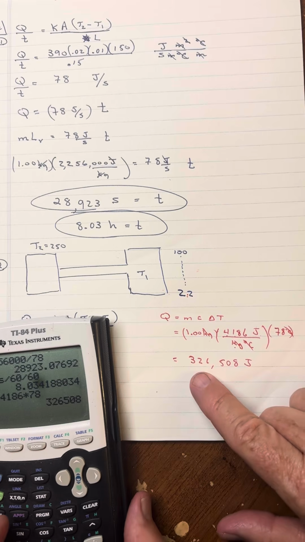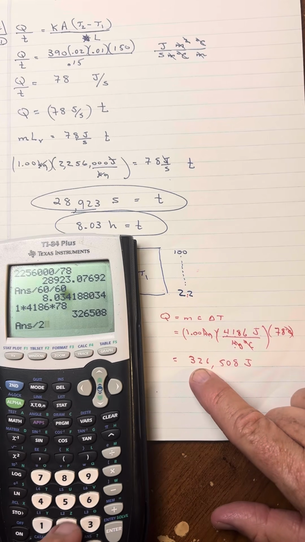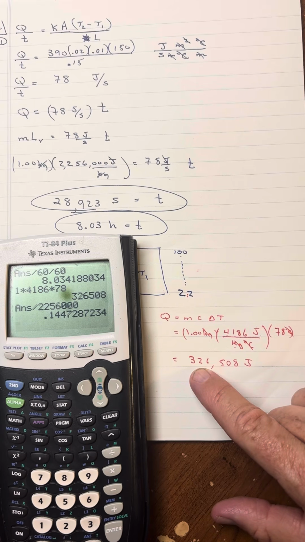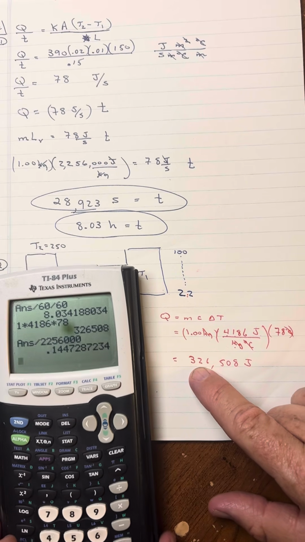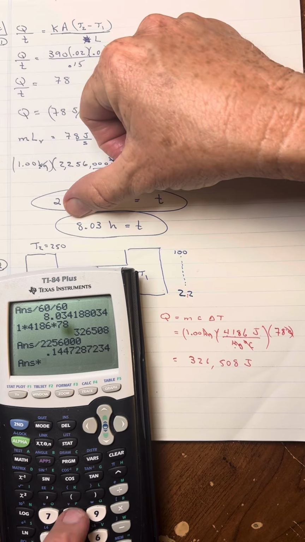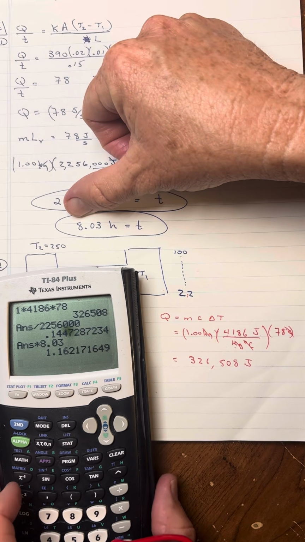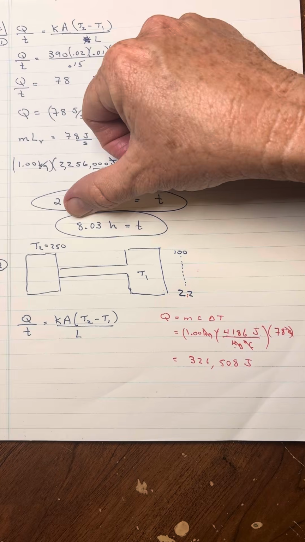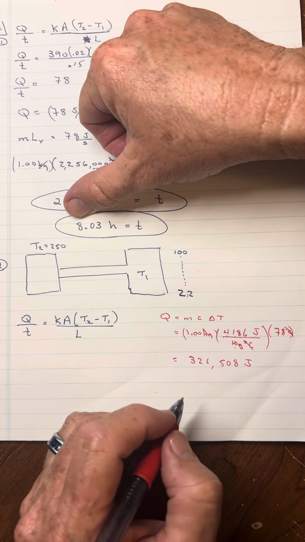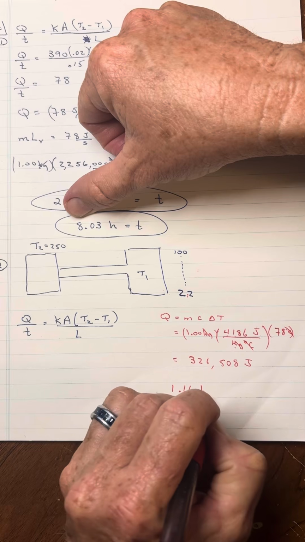So I might write this as a fraction of this much energy out of 2,256,000 and say, okay, this is about 14%. So 14% of 8 hours is about 1.16 hours.